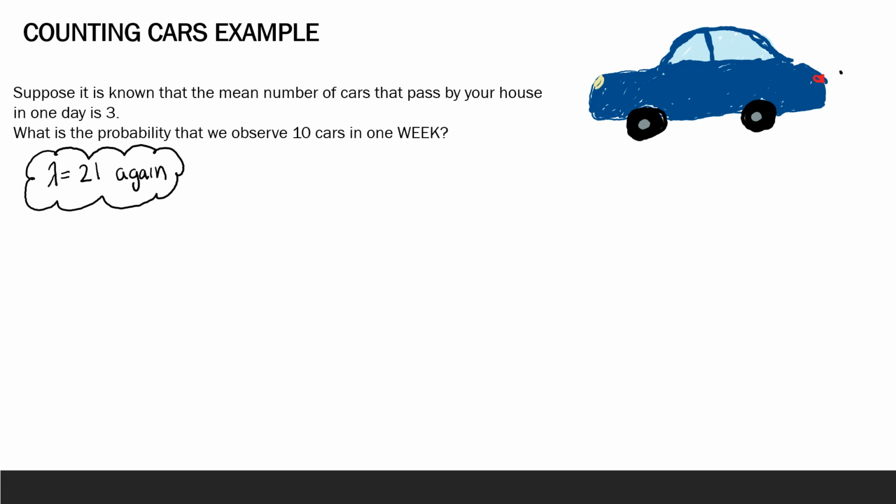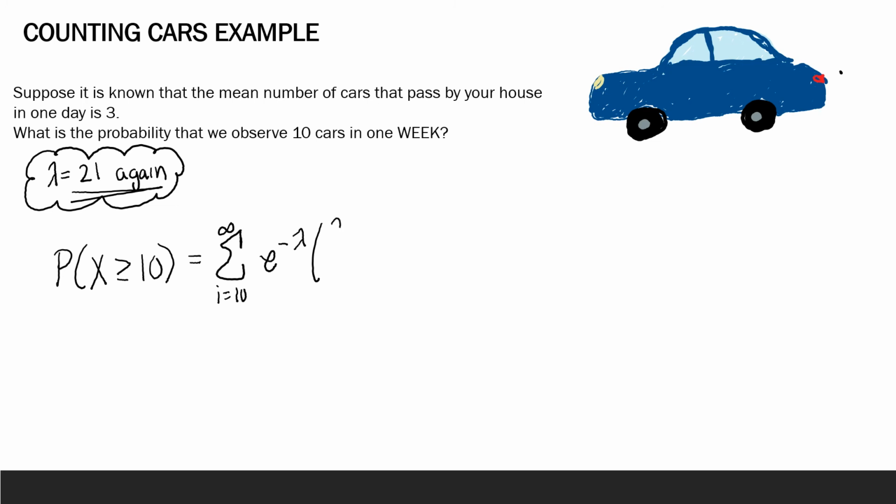So maybe a better question is asking, what is the probability we observe at least 10 cars in a week when the mean is 3 cars per day, or 21 per week? And this is simply written as the probability that x is greater than or equal to 10. And this is actually the sum from i equals 10 to infinity of our PDF, so our probability function for the Poisson distribution: e to the negative lambda times lambda raised to the x_i all over x_i factorial.